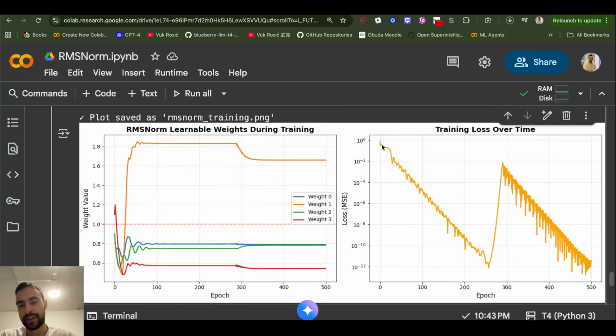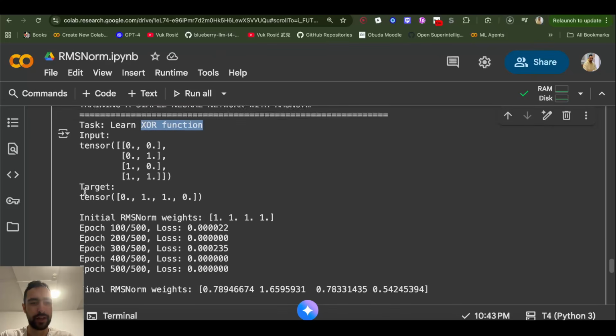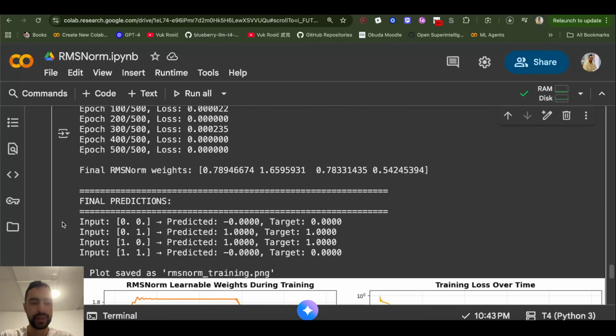And here, during the training, we have a huge loss spike, and we'll try to figure out why we have this loss spike. Our simple neural network is just trying to learn the XOR function, which, to simplify, has 2 inputs, so 2 numbers as input. If it's 0, 0, it needs to output 0. If it's 1, 1, output 0.